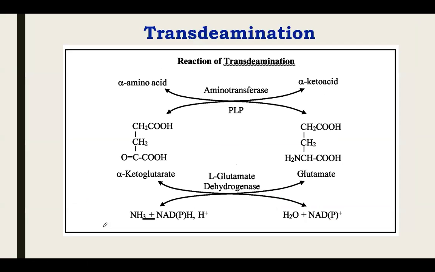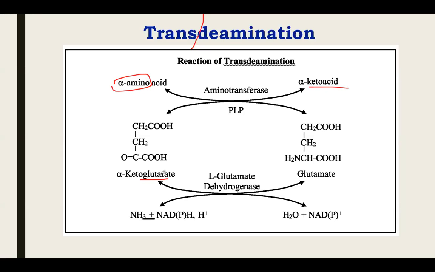Okay? This is a combination of the two reactions. Trans means transamination. What is trans? Exchange of the amino group. The amino group is exchanged, translocated to alpha ketoglutaric, and the amino acid is converted to keto acid.